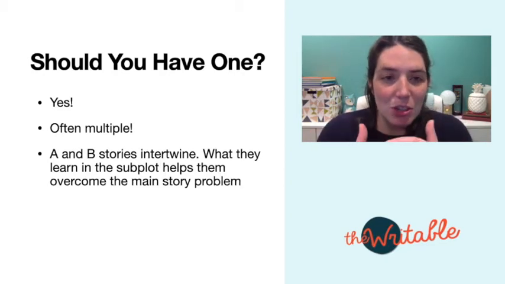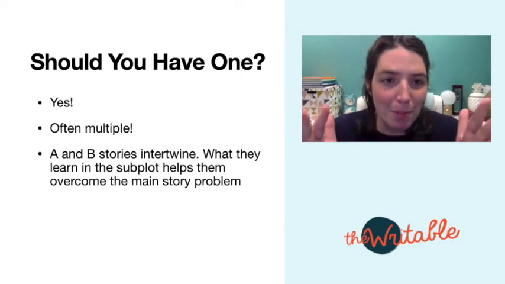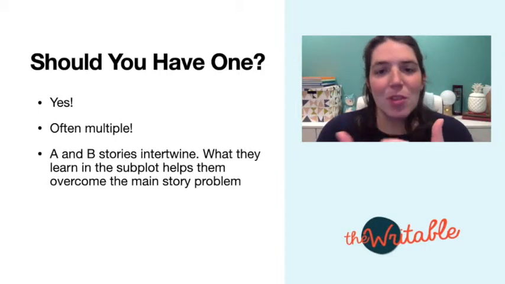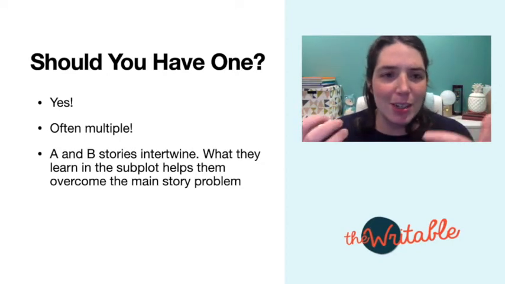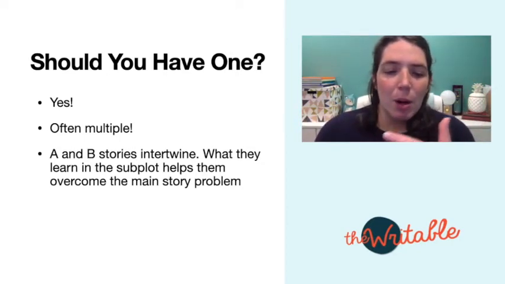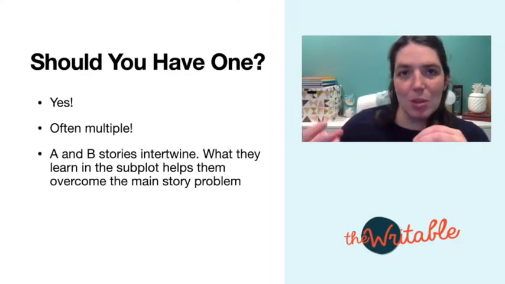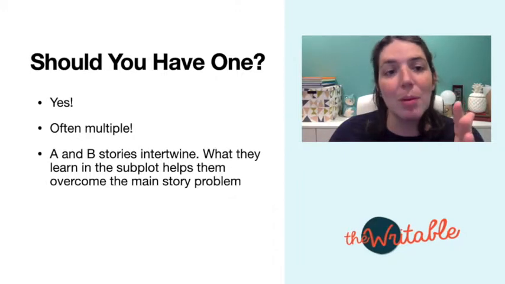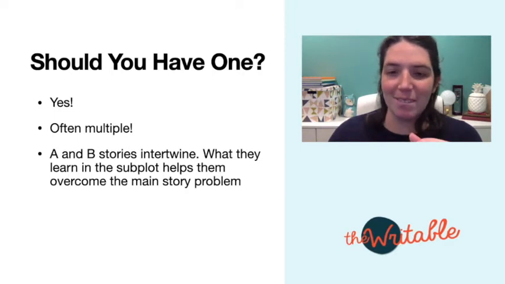You're always going to have these two stories intertwine, and you might have C, D, E, F. You might have the whole alphabet of extra subplots happening, and all of those are going to intertwine and make for this really robust, exciting, everything-coming-together-serendipitously novel, where something that happens, some event or some piece of information learned in a subplot, is going to help the character overcome the main story problem. And that's so important, just to keep everything knitting together.